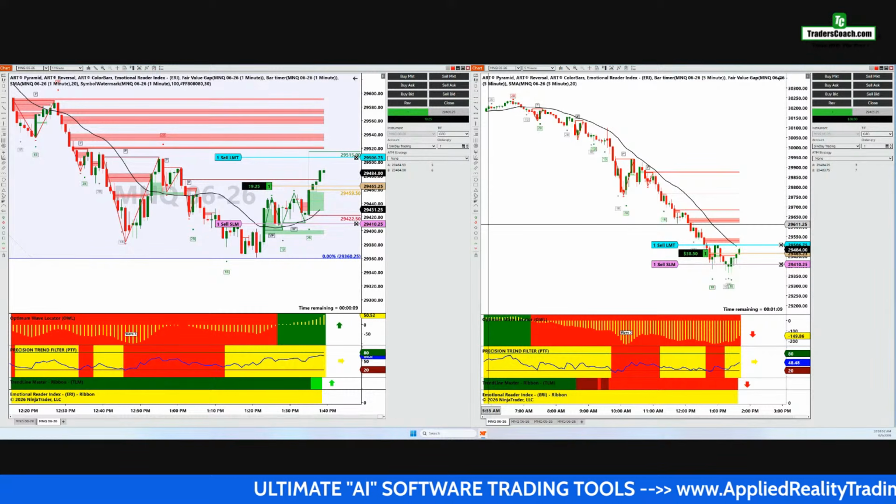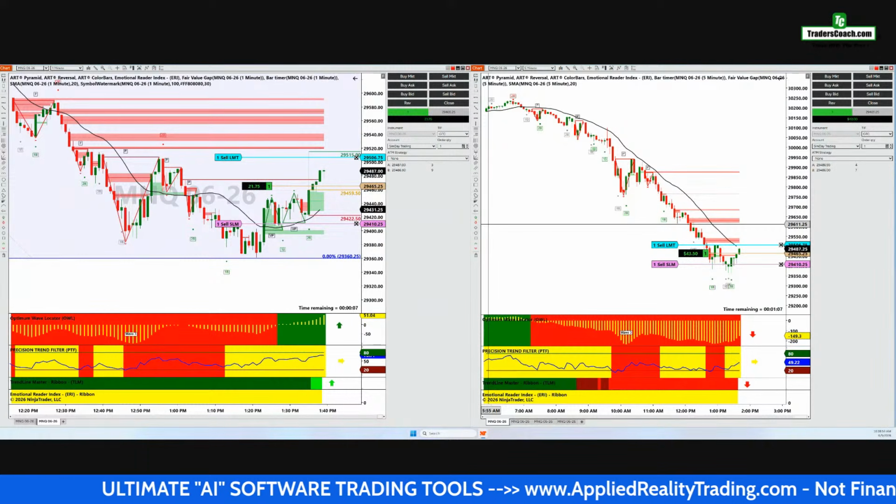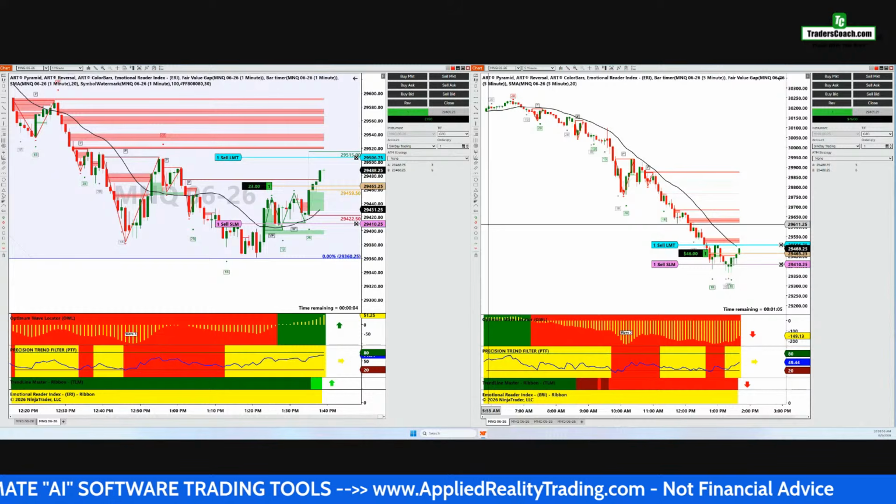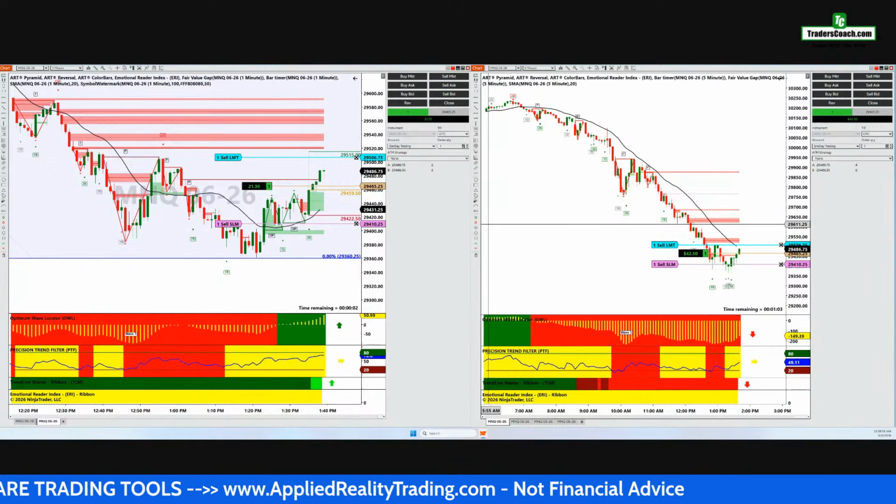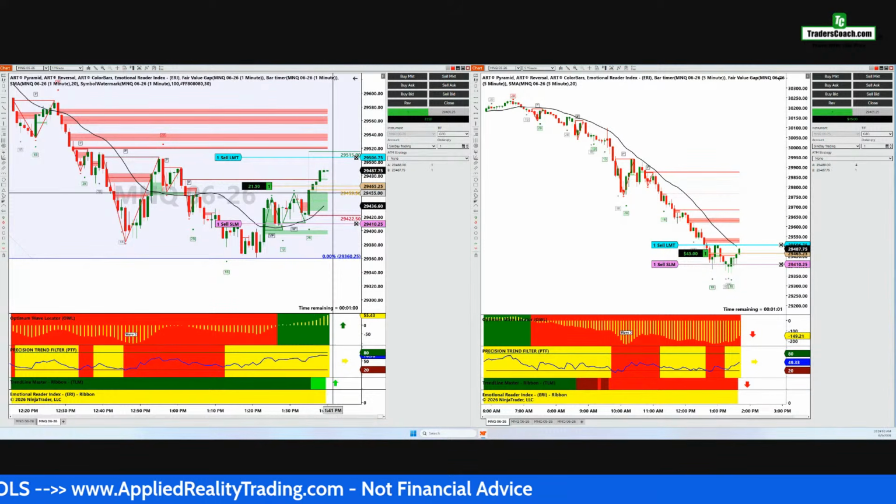Now, if I had more than one contract on, I might take a partial where that sell is and then move the stop up under here, okay?